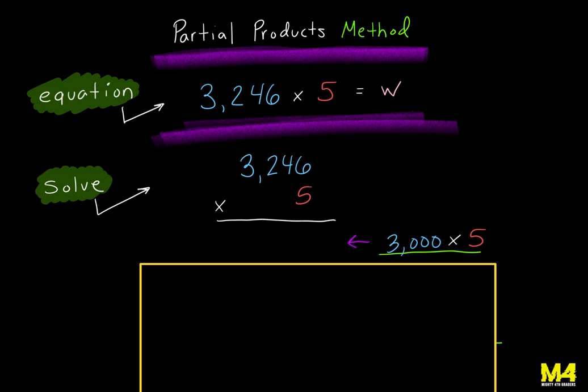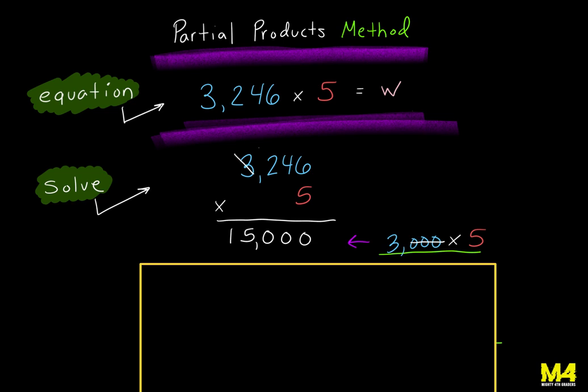The first thing I'm going to do is take my zeros away and then drop them off over here. And then I'm going to do 3 times 5, which gives me 15, which gives me so far a product of 15,000.